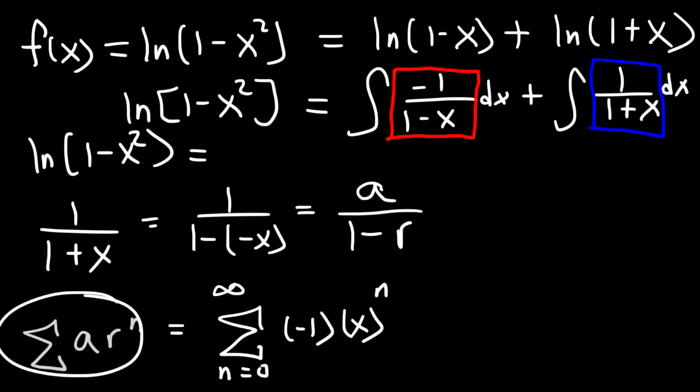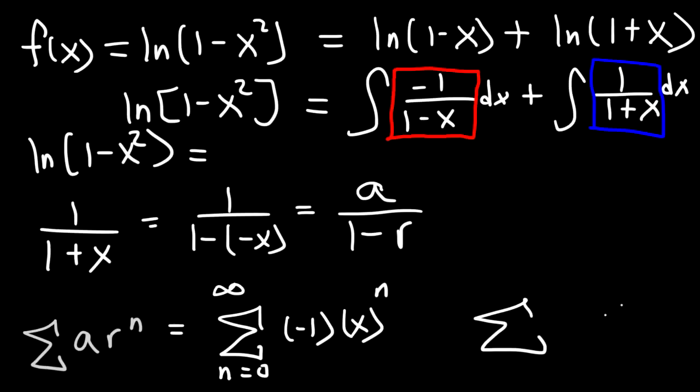So using that expression, we have the series 1 times negative x to the n. And negative x can be written as negative 1 times x, and all of this is raised to the n power. So if we distribute the n, we're going to get negative 1 to the n, x to the n, from 0 to infinity.